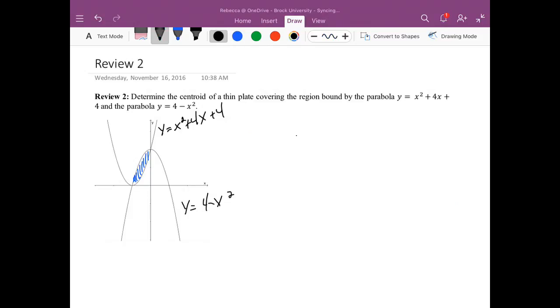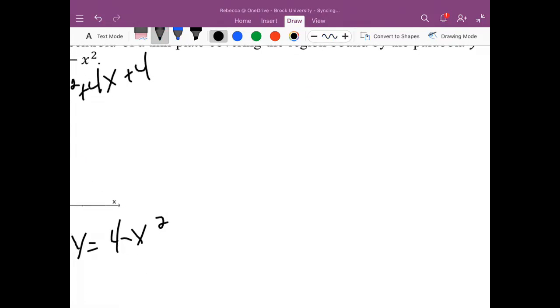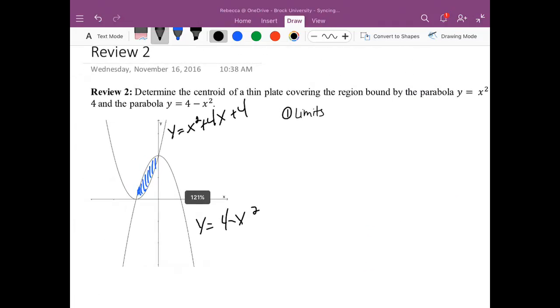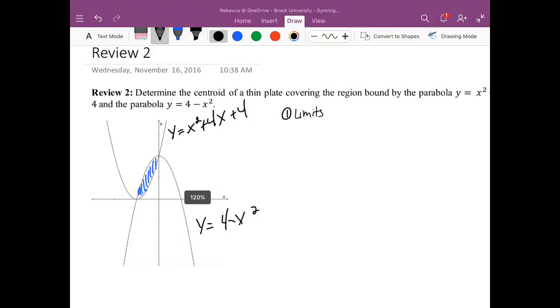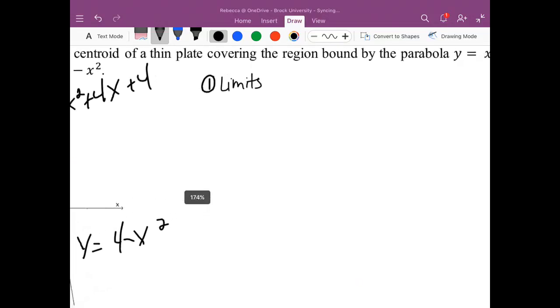So my first step is going to be to calculate the limits. So in this case, I'm going to try and find a value of x. So it will be where those two lines intersect.